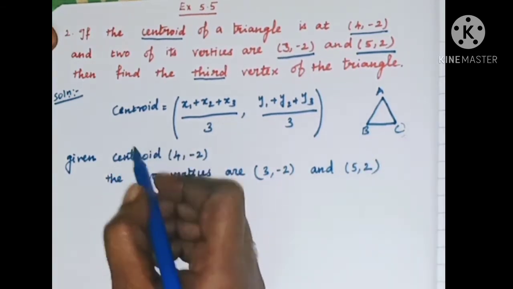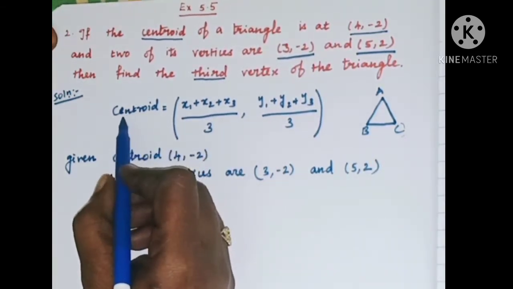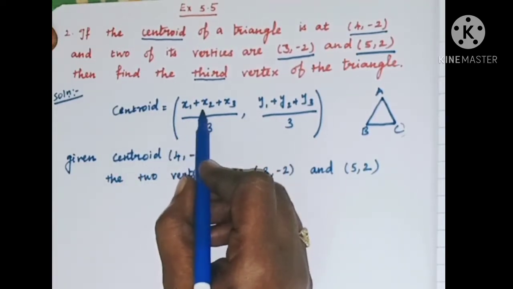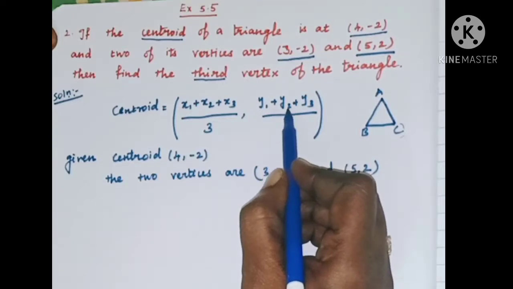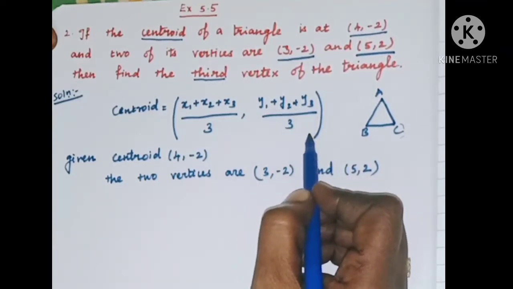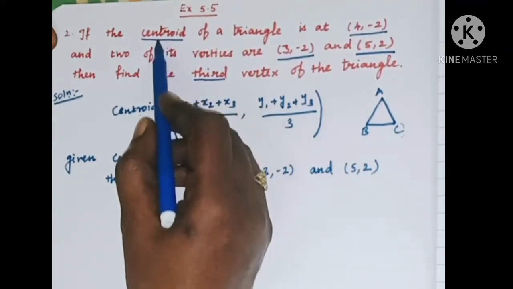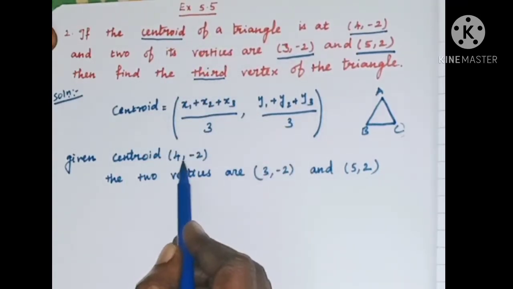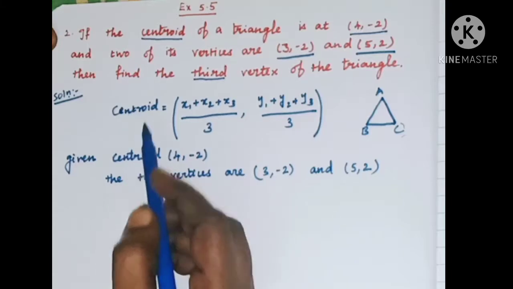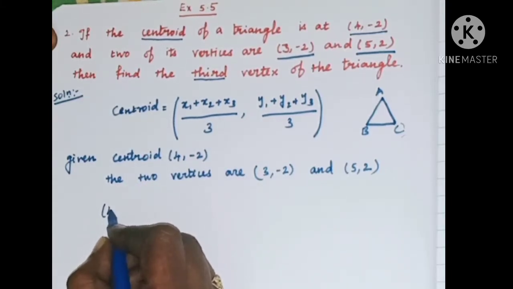Now, coming to the formula, centroid is equal to (x1 plus x2 plus x3 divided by 3, y1 plus y2 plus y3 divided by 3). In the problem, the centroid is (4, minus 2). So, we have to substitute (4, minus 2) in the place of centroid.